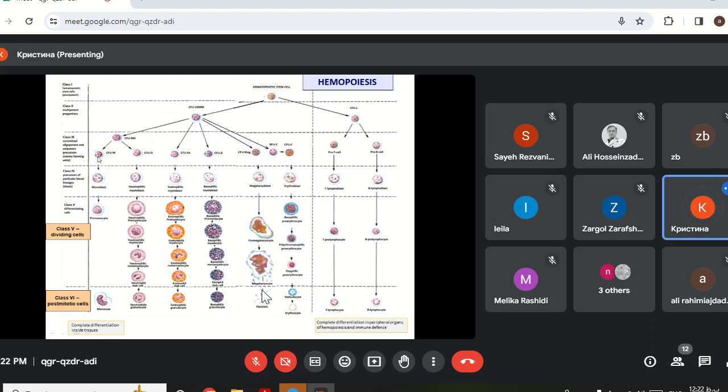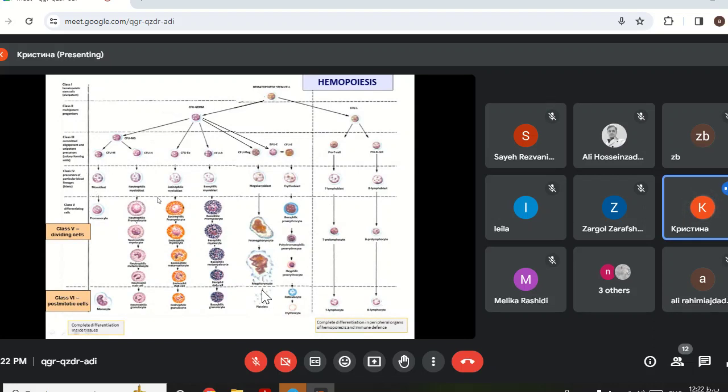They are already unipotent. Each of them can divide only into one formed element of blood. So this one is called, for example, colony forming unit for monocytes. This one, colony forming unit for neutrophils, etc.